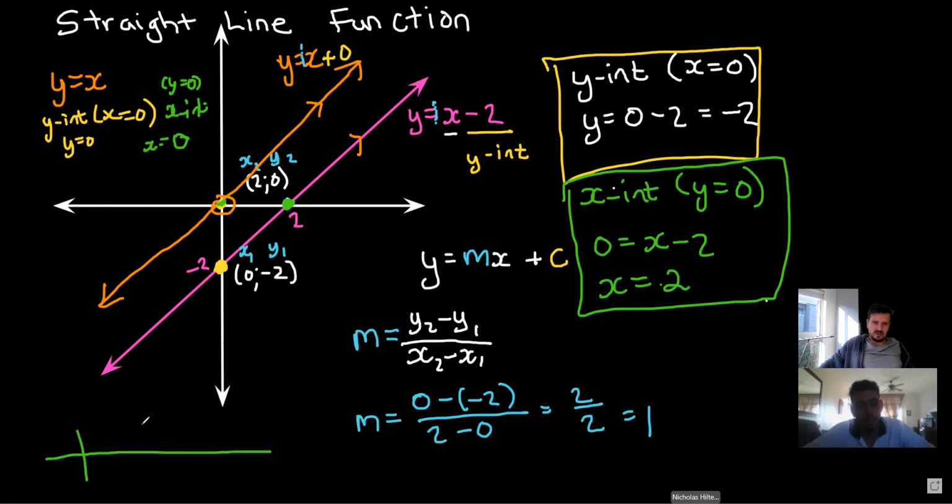You can put in a couple of values for x, say 0, -1, 1. Because x is equal to y, they would both be the same. Then you can plot the points: 0 and 0, 1 and 1, and -1 and -1, and join the points up.